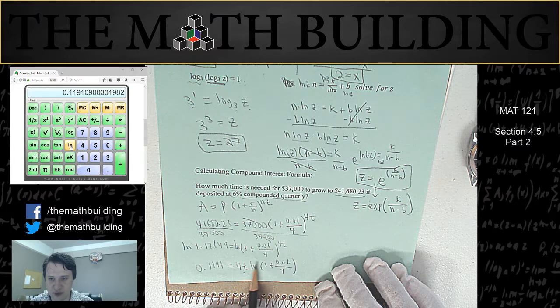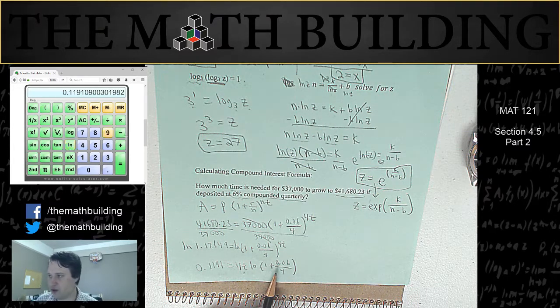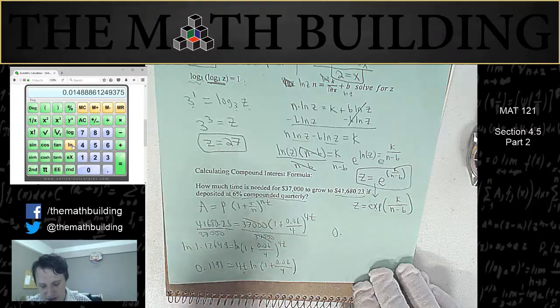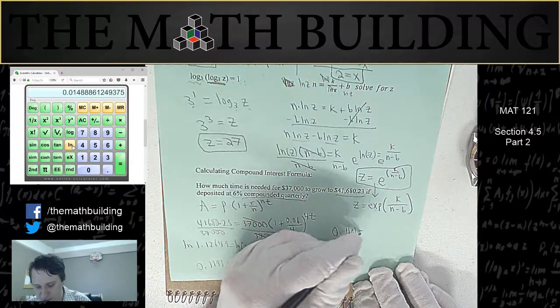So now we can figure out what this number is. So let's do that. Let's do 0.06 divided by 4 plus 1. And then we're going to take the natural log of this. So I get an updated equation. Didn't do anything on the left. Still have 0.1191 over there.